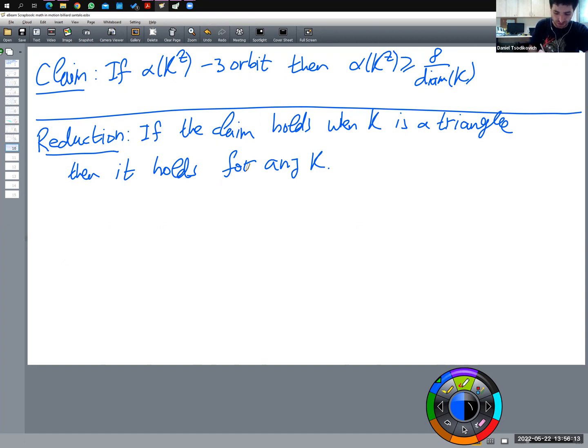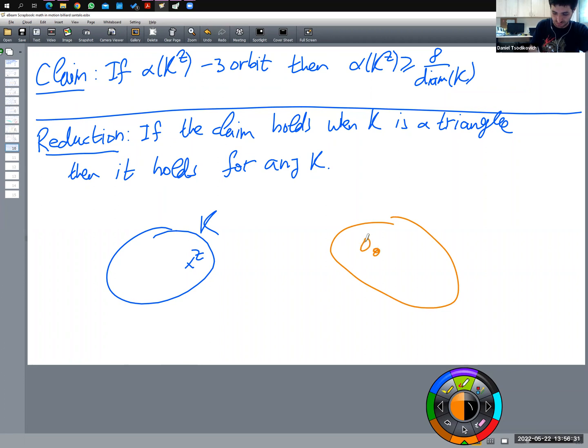So we have this K, and we have some point Z, where in the dual, the shortest billiard orbit is a free orbit. So the shortest billiard orbit is, I don't know, something like this. So here is the idea. We take the tangent lines to the boundary at these bouncing points.